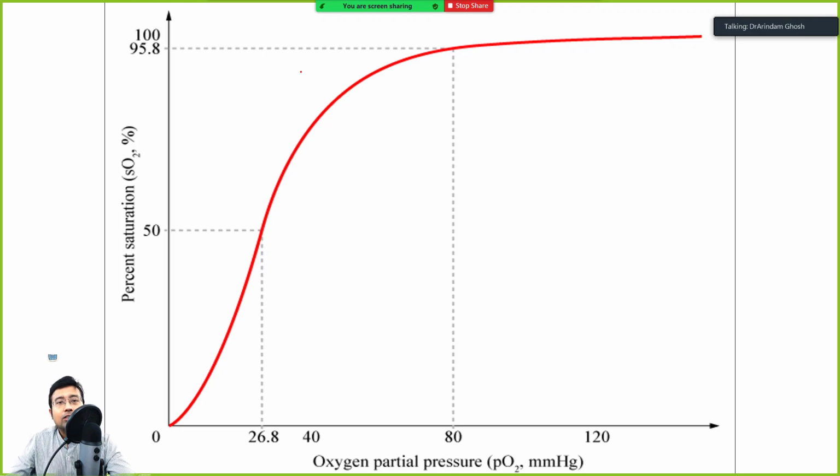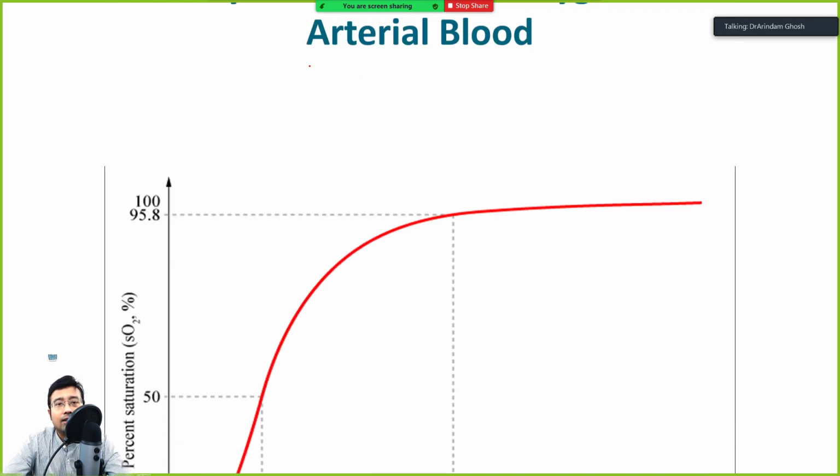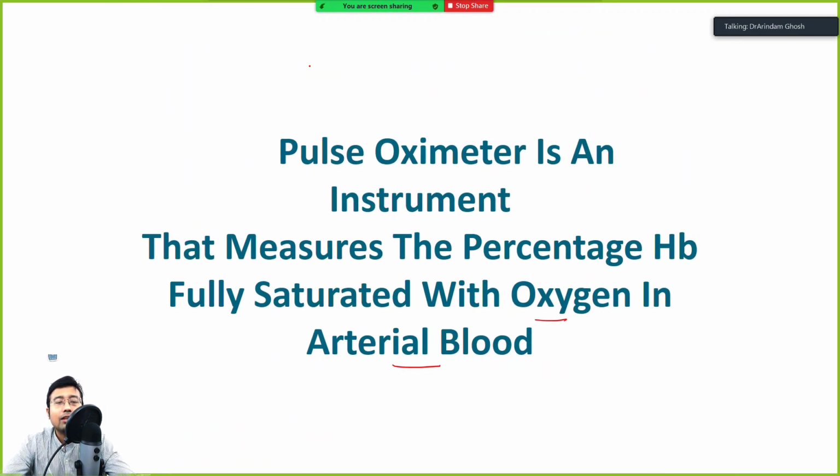So the pulse oximeter reads the percentage of hemoglobin that is fully saturated with oxygen in arterial blood. Whenever we are respiring atmospheric oxygen, I told you 97% is normally saturated.